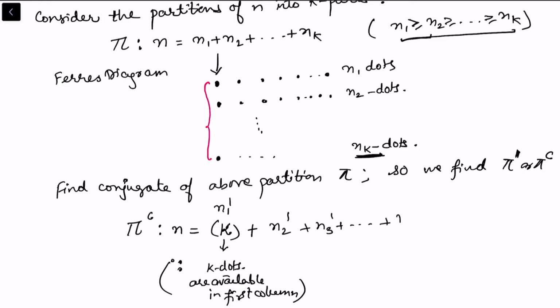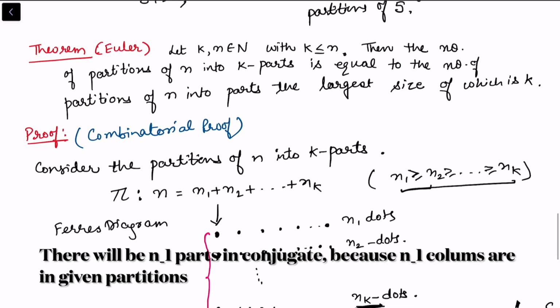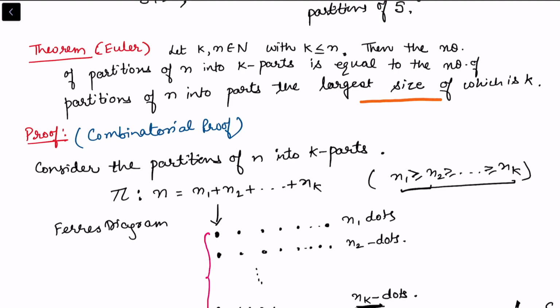We do not bother how many parts there are, because the identity says that the number of partitions of n into k parts is equal to the number of partitions of n into certain parts. It is not mentioned into how many parts, but the condition is that the largest part size is k.